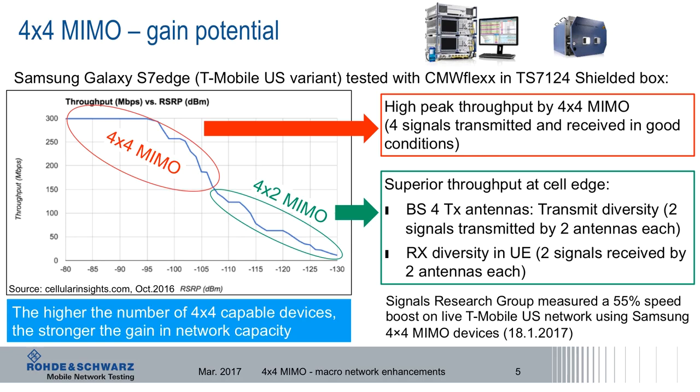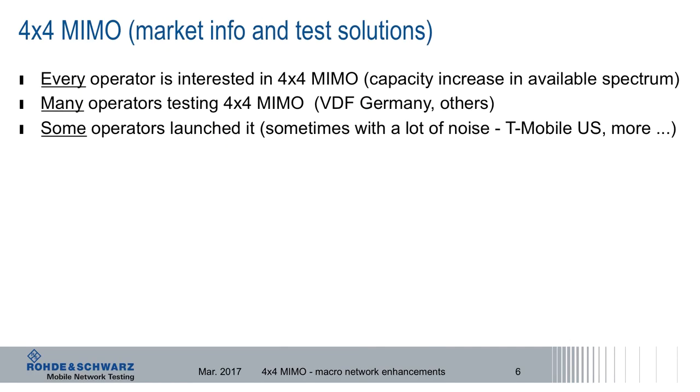The gain in a mobile network can only be achieved if the penetration of 4x4 MIMO capable devices is higher, and the higher the number of such devices in the network is, the stronger is the gain in network capacity for the mobile network operators.